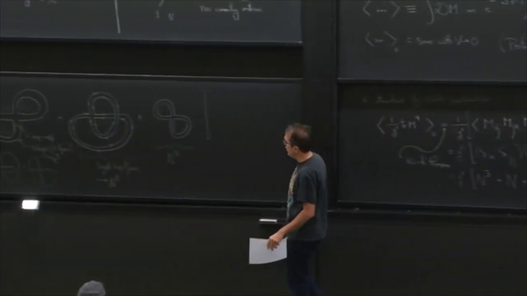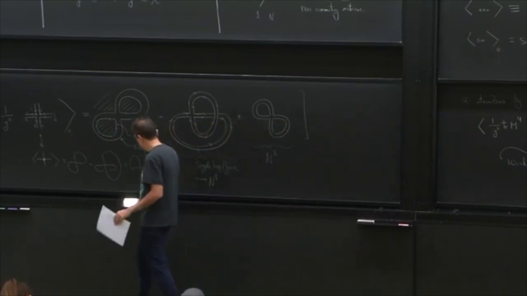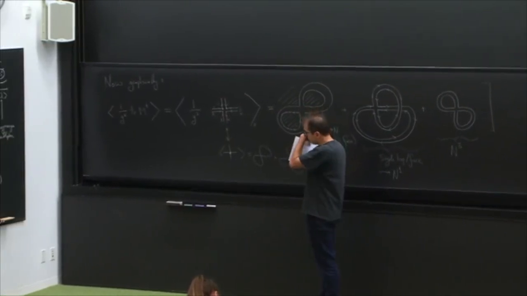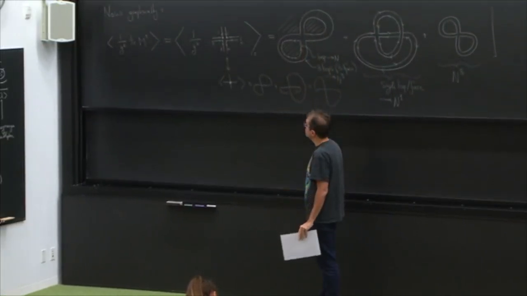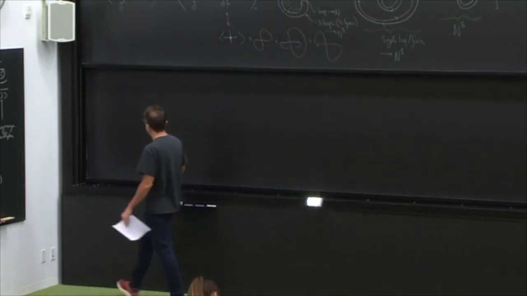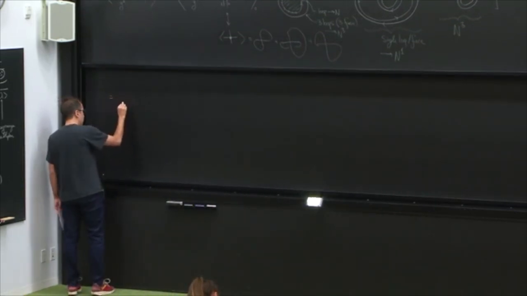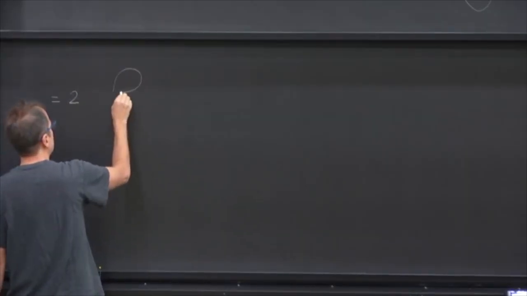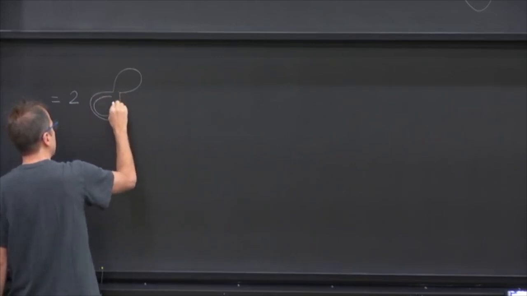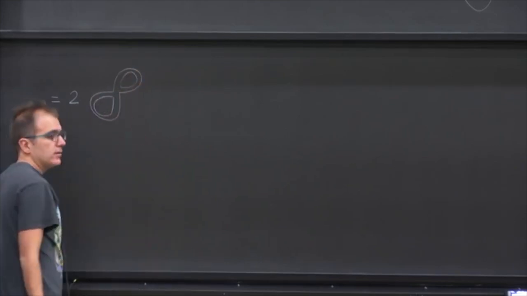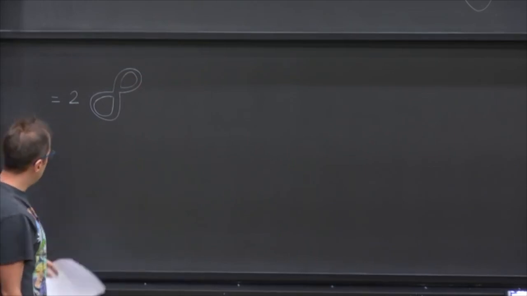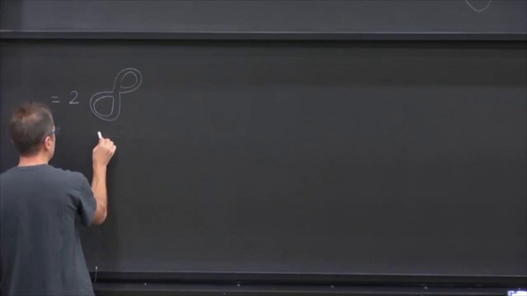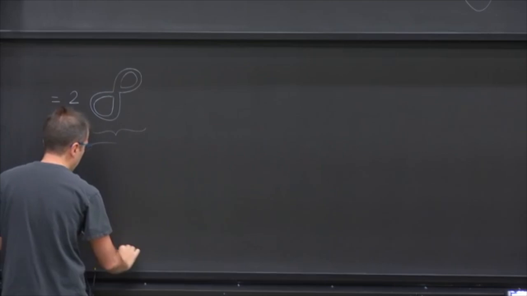Okay, now let's continue. So we conclude that we get twice this diagram, right? The first and third are the same type of diagram topologically. And this diagram here is a diagram that I can draw on a sphere.